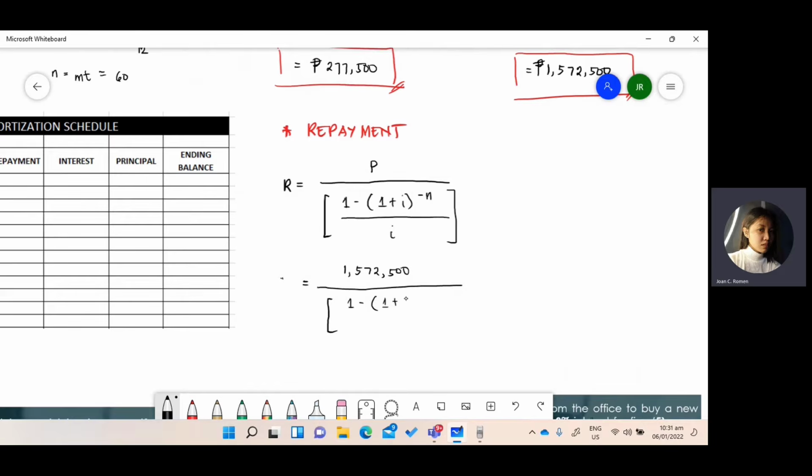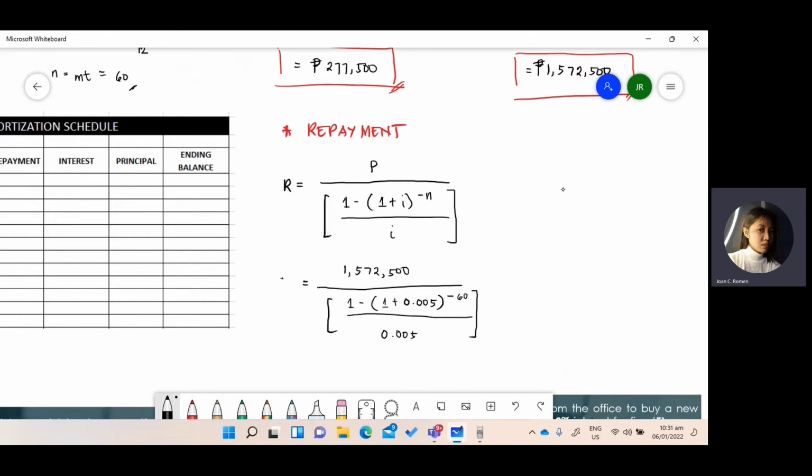Okay, so that is 0.005 raised to negative. Our n is 60. Okay, negative 60. Then over, again, our i, which is 0.005.